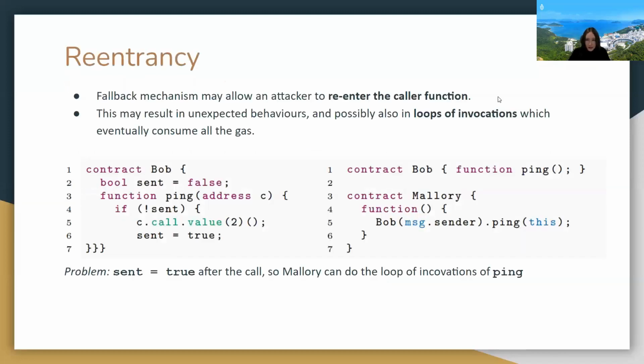Let's consider the next vulnerability, which is re-entrancy. So the fallback mechanism may allow an attacker to re-enter the caller function. We've seen previously that there are a lot of situations when we might enter the fallback function of the contract, and we can actually re-enter the fallback function, and it might cause some loops of invocations which would consume all of the gas.